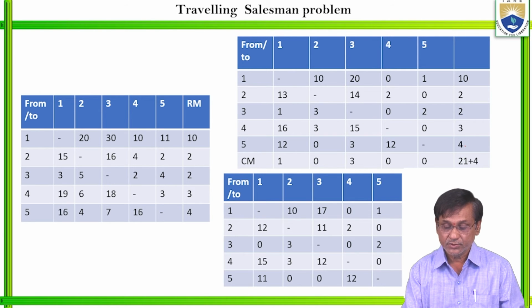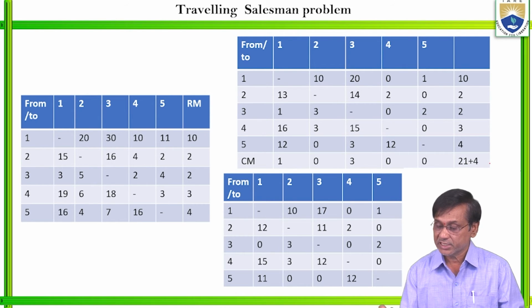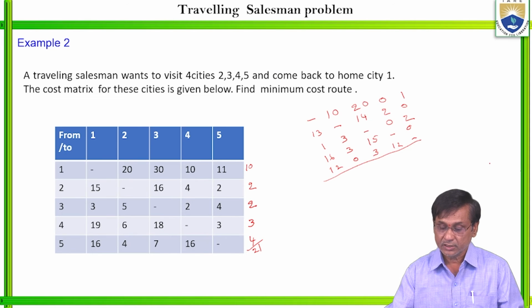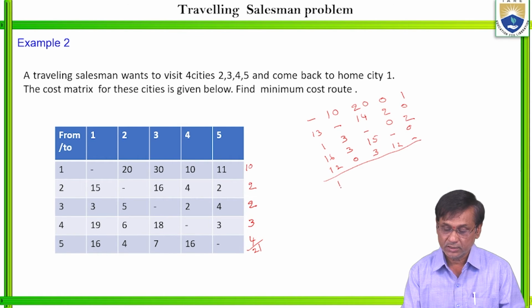And column side, you can reduce it. From the columns, after reducing this value, on the column side, we can deduct 1 only. Here in this column, we can deduct 3 only, so that 21 plus 4. So here we can deduct 1, here we can deduct 3, so that this is 0, this is 0, this is 0.